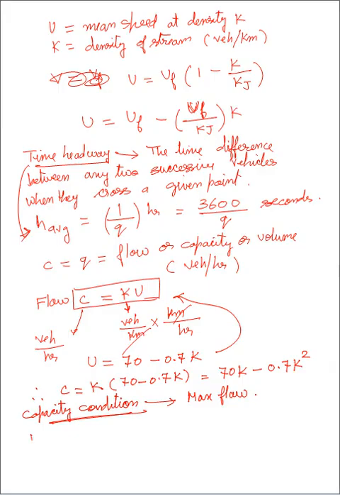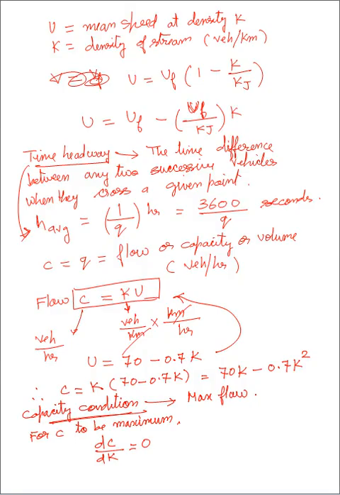Here we have to maximize the value of C. We have studied in maths that to maximize C, we have to take the derivative dC by dk equal to 0. Just differentiate the equation with respect to k.